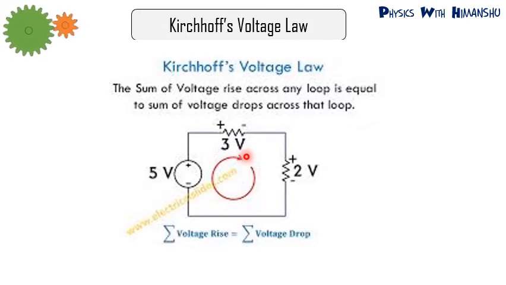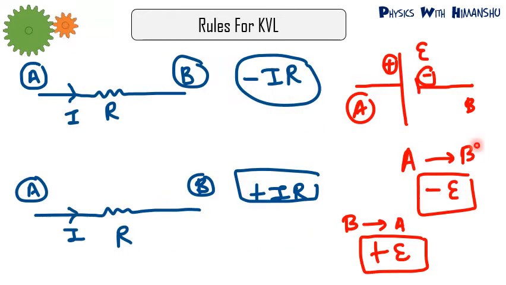Okay, now how to use Kirchhoff's voltage law? The rules are very important. So suppose this is a resistor in which current I is there, and you are moving from A to B. So if the direction of your movement is parallel to direction of current, you have to write minus IR.